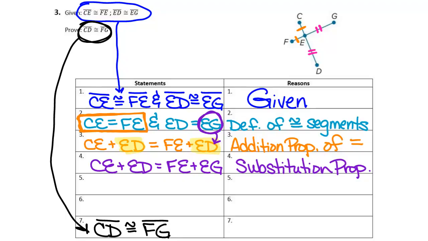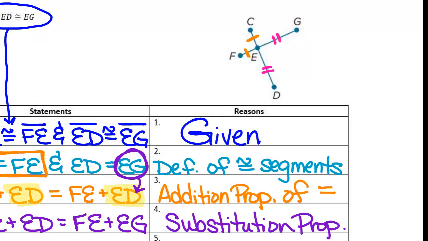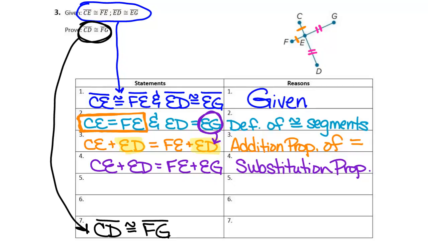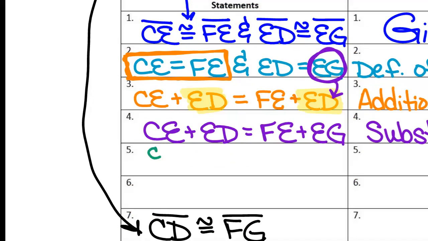When I take CE and ED and put them together, CE is here, ED is here. When I put those two smaller segments together, what's the bigger segment that I get? CD. So CE plus ED equals CD.